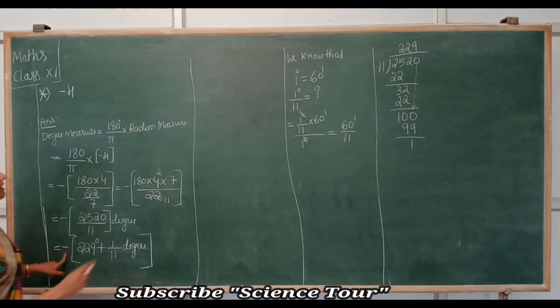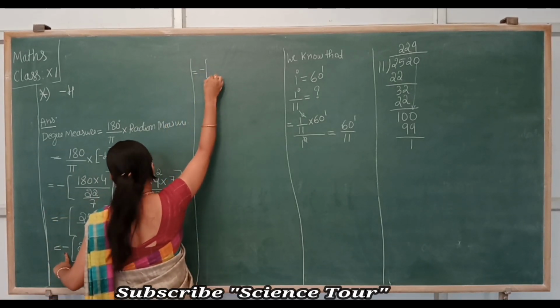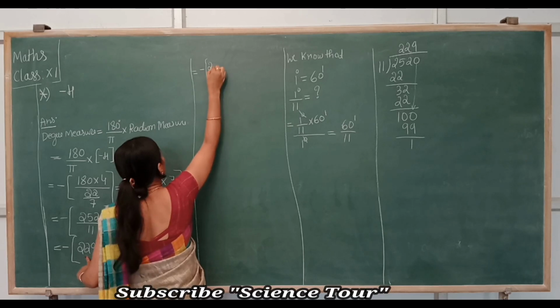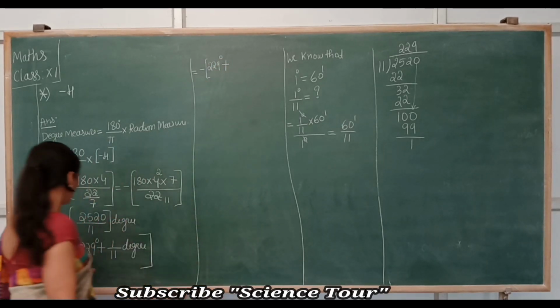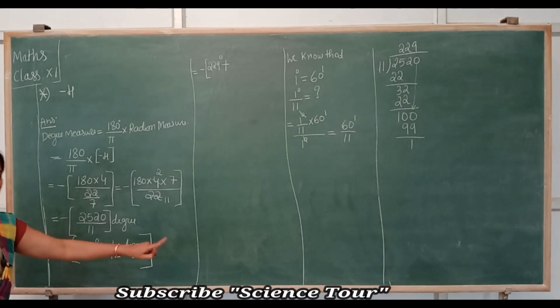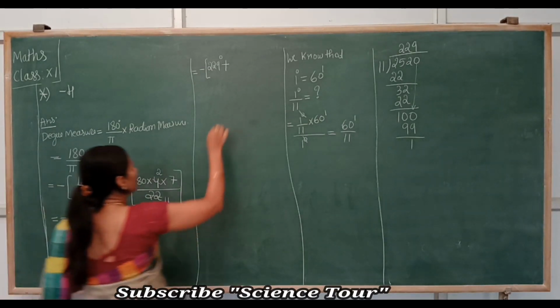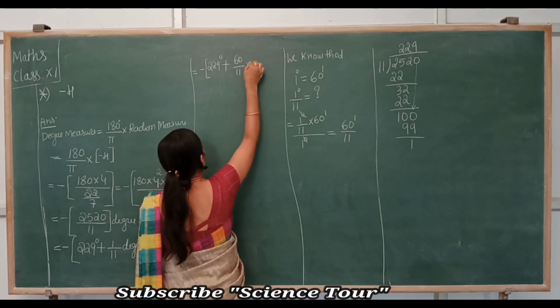So this can be written as minus outside, 229 degree plus, now 1 divided by 11 degree is equal to how many minutes? It is 60 divided by 11 minutes.